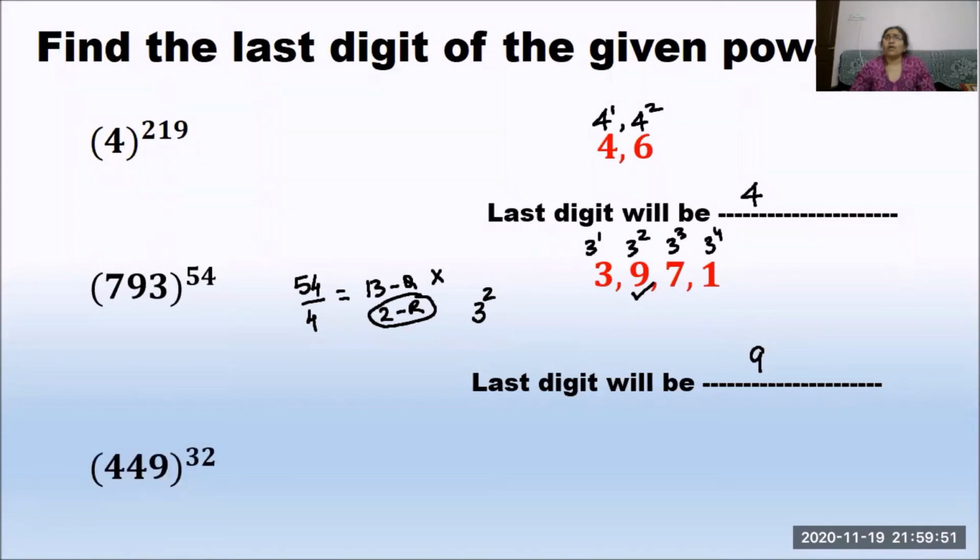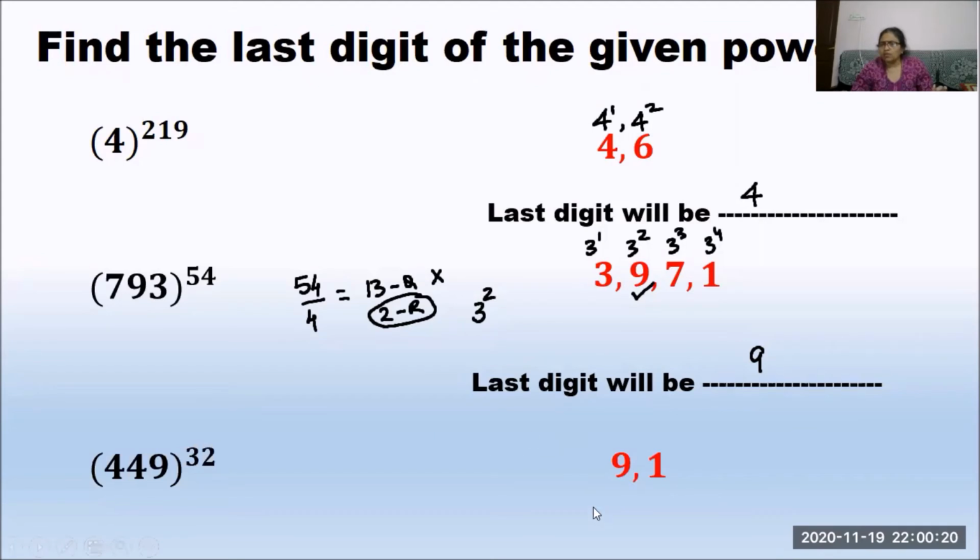Next, 449 to the power 32. Now we have to check the pattern of 9. As I told you, only the last digit will be taken. So just consider the last digit of the base to find the last digit of the solution. 9 gives you the pattern of 9 and 1, the same as in 4.